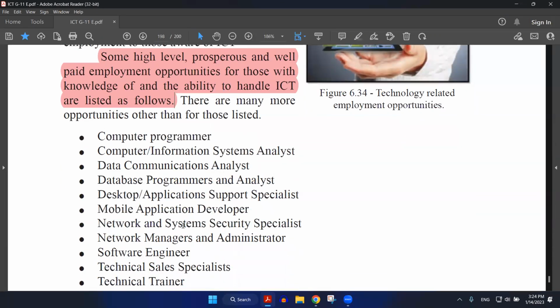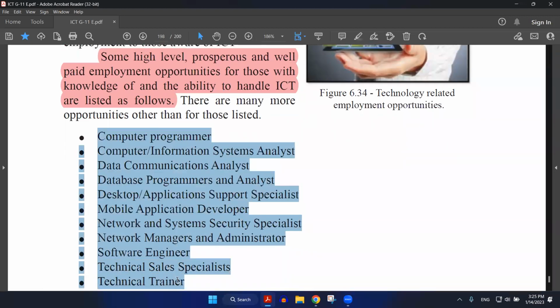Then after this, you can list down these particular opportunities.